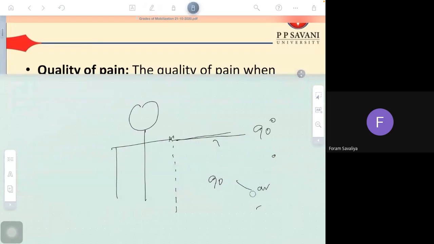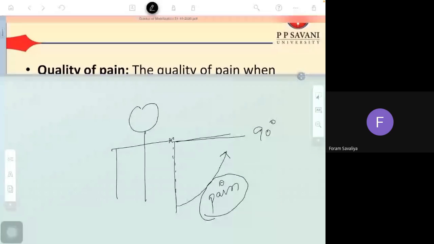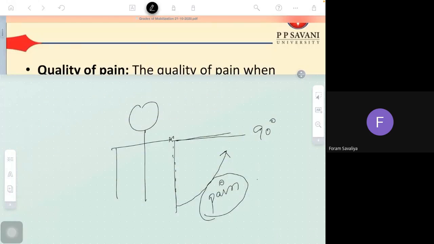Suppose the patient is having pain in this range, clear? Pain before tissue limitation. What is tissue limitation? Here it is 90-degree. The patient may have pain before 90-degree, that is, less than 90-degree range of motion.